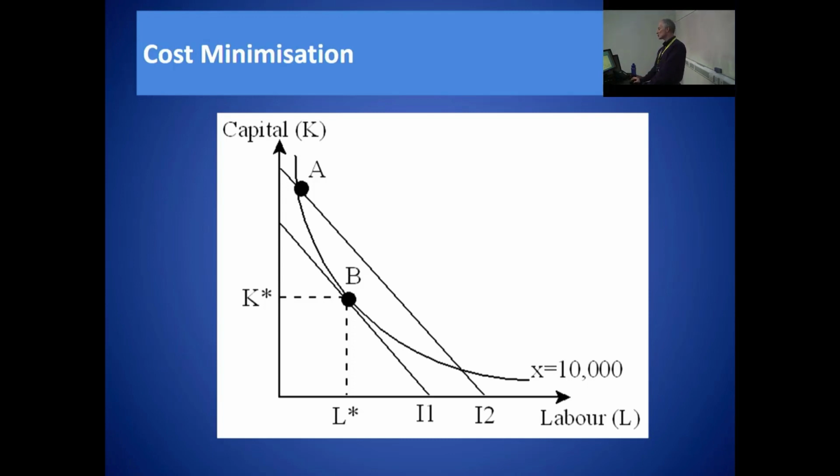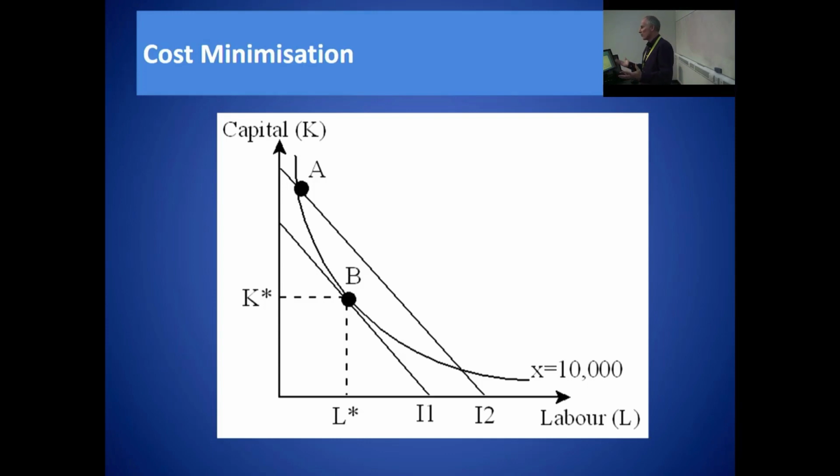To find the costs associated with that input combination at point A, we would draw the isocost line that passes through point A. With a given price of labour and a given price of capital, our isocost line will have a certain slope, and that will define isocost line I2. The question I want to ask you, and hopefully you'll know the answer: is point A the cheapest, least cost way of producing 10,000 units of output?